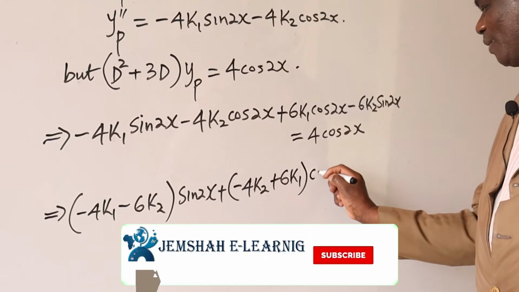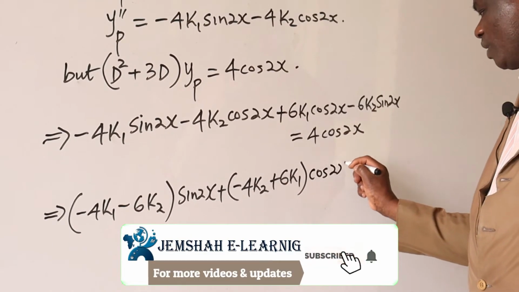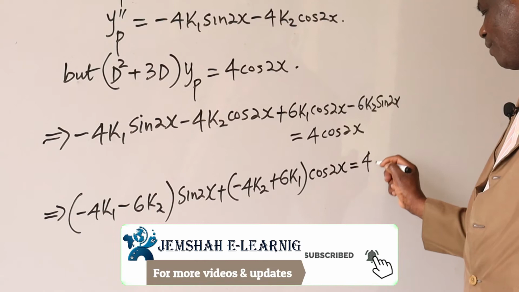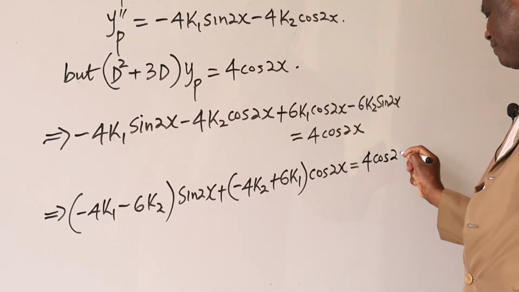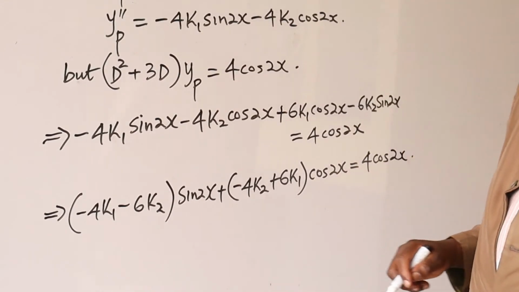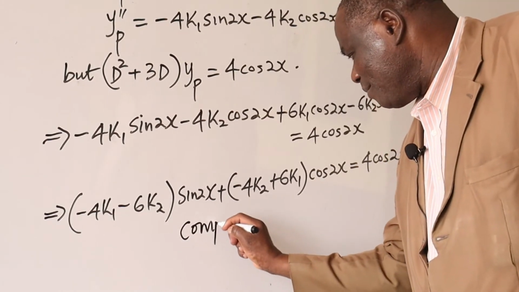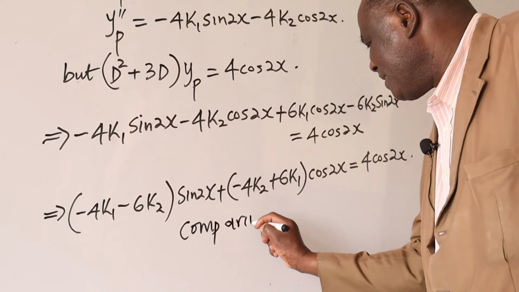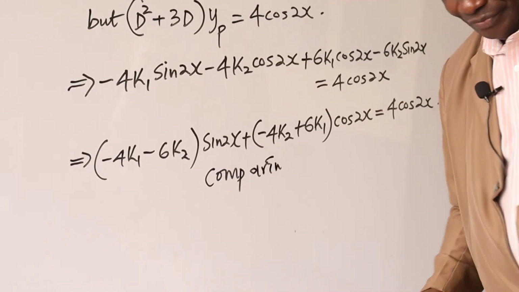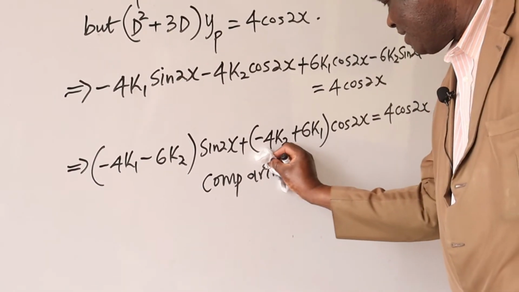This one goes with cos 2x, and this is equal to 4 cos 2x. Comparing coefficients.